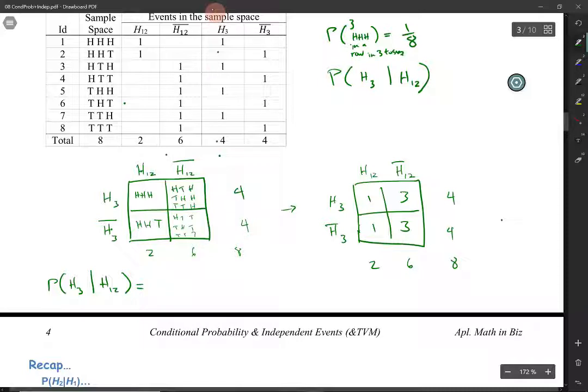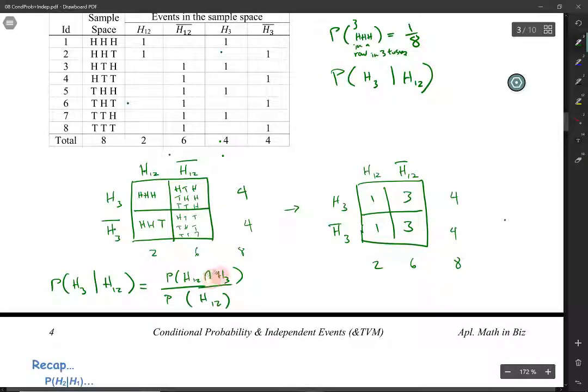Oh yeah, so the probability of H3 given H12 is equal to the probability of H12 intersect H3 divided by the probability of H12, right? So when we have the conditional probability, the numerator is the intersection, and the denominator is what you are conditioned on.